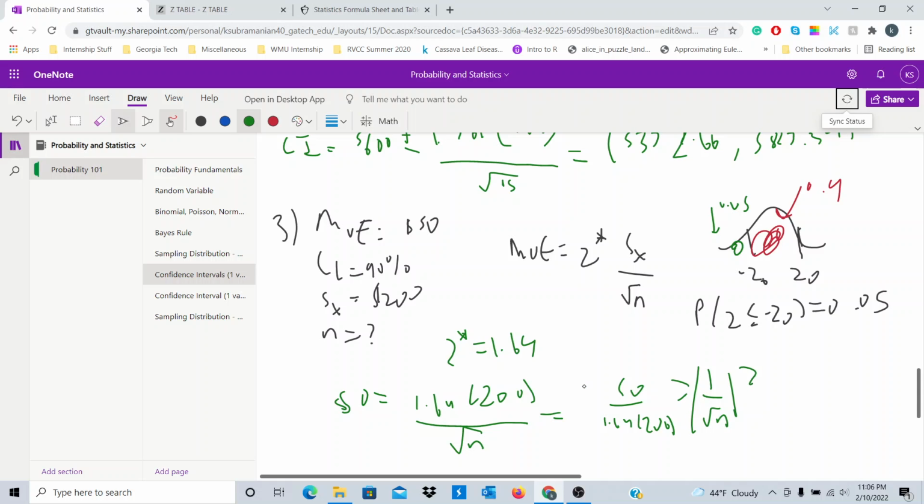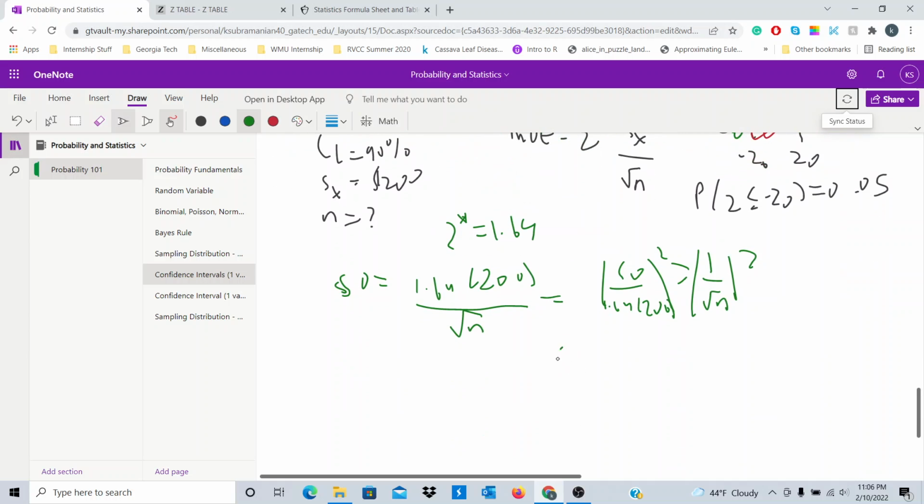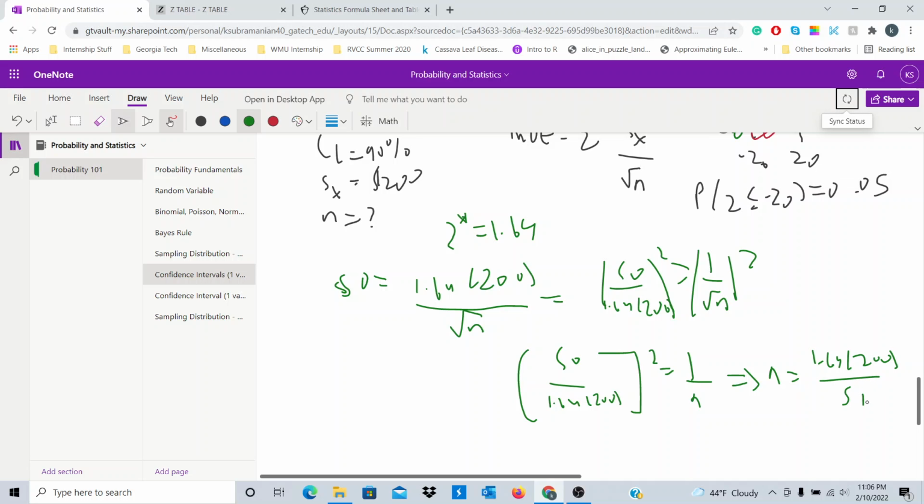When we square both sides, we get that 50 over 1.64 times 200 whole squared is equal to 1 over n. So that implies that n is equal to 1.64 times 200 over 50 whole squared.